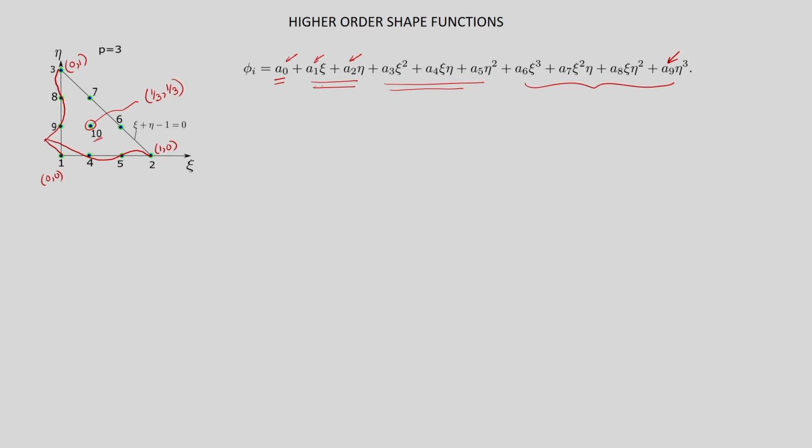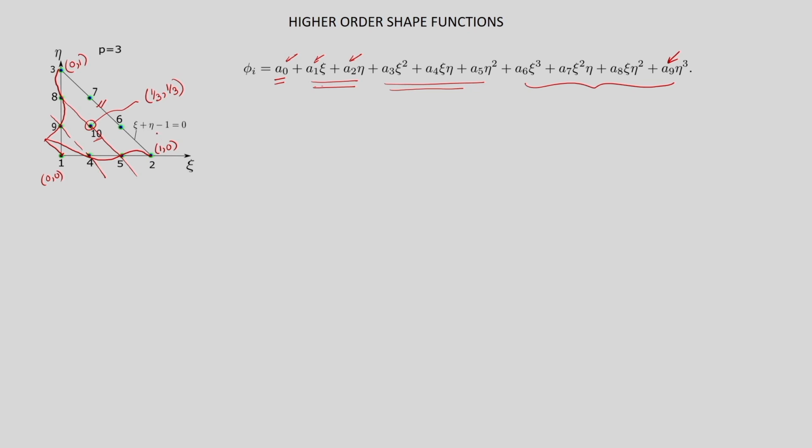We can say that phi 1 is 1 at node 1 and is 0 along this side containing nodes 3, 7, 6 and 2, and it is also 0 along the straight line joining 3, 10 and 5. Similarly, it is also 0 along a straight line joining 4 and 9.